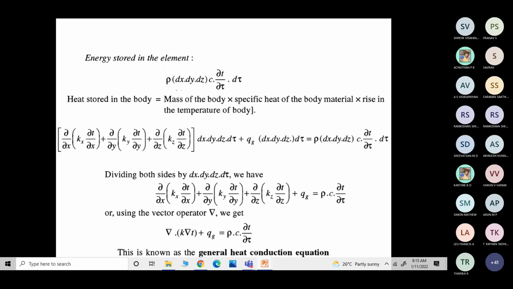Now there is one more thing which I want to tell you. Now you have this kx, ky, and kz. There is one material which is said to be an isotropic material, which will have the same thermal conductivity in all the three directions, x-axis, y-axis, and z-axis. By assuming the material to be isotropic, we have the liberty to say kx equal to ky equal to kz.